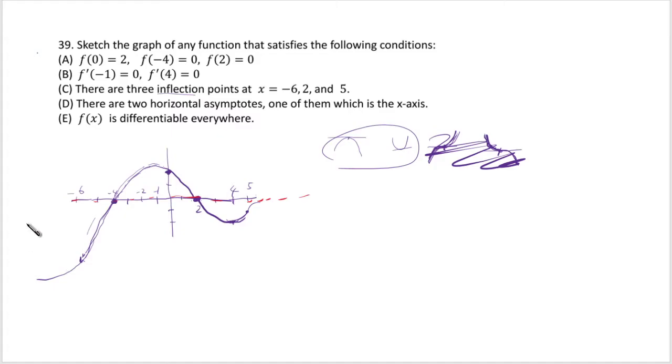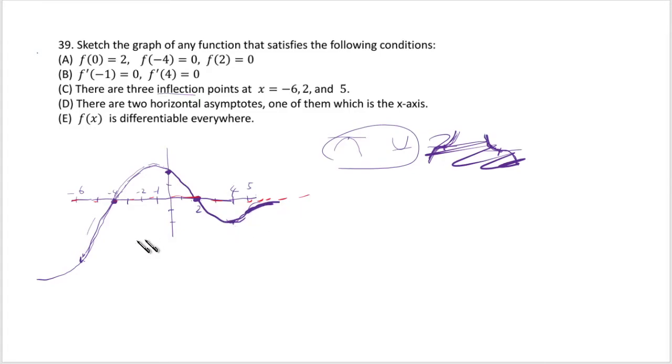No, once it goes up, to have this left side as the asymptote, the curve has to bend like that. But then that would make another inflection point before -6. So that's not going to be possible. So it has to be this one that's getting close to 0. Okay, so we will make it go closer just like that.